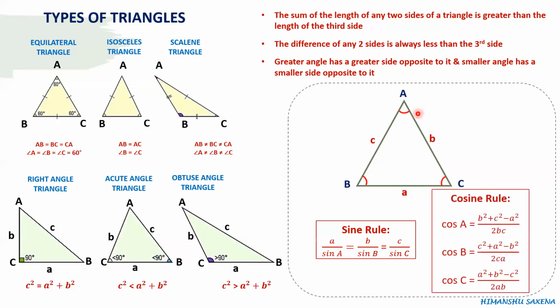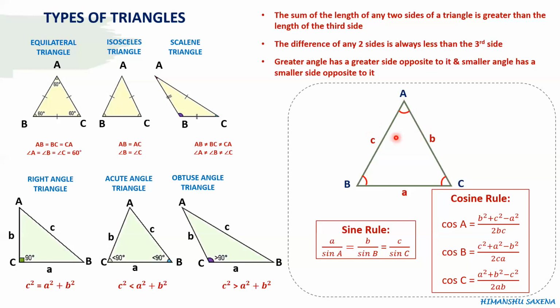The cosine rule says that cosine of angle A is equal to b square plus c square minus a square, divided by twice of bc. To remember it: cosine of this angle, cos A, is equal to the sum of the squares of the two sides which make this particular angle.